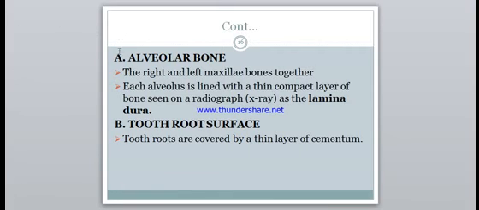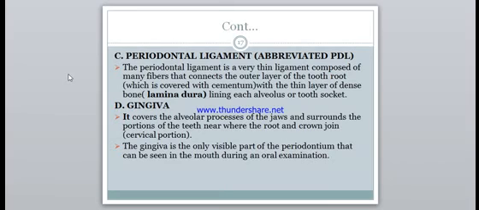The alveolar bone: the right and left maxillary bones together form the alveolus, and each alveolus is lined with a thin compact layer of bone, seen on the X-ray as the lamina dura. Tooth root surfaces are covered by a thin layer of cementum, and the other supportive structure is the periodontal ligament, which we call the PDL.